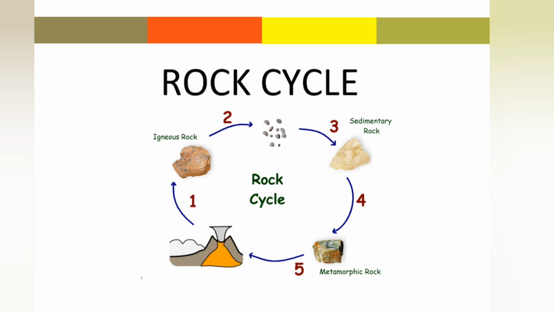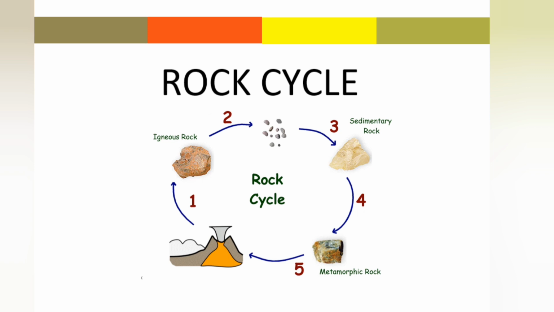When they undergo the pressure, they turn into metamorphic rocks. And then slowly and steadily you again have the rock cycle being formed in this manner, wherein you come to the first stage of it, that is the magma, which bursts open from the volcano. You get igneous rocks. Then those igneous rocks break and you get the sediments.